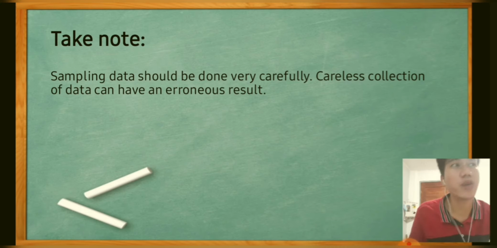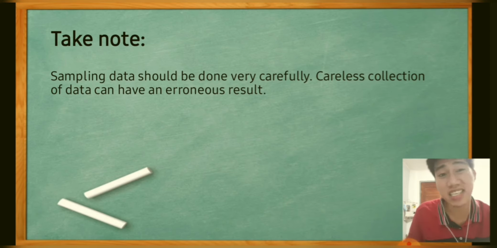Okay, so we should always take note that sampling data should be done carefully. Careless collection of data can have an erroneous result. So that's why we need to be careful in getting each sample, because if we are careless, our data will have errors.